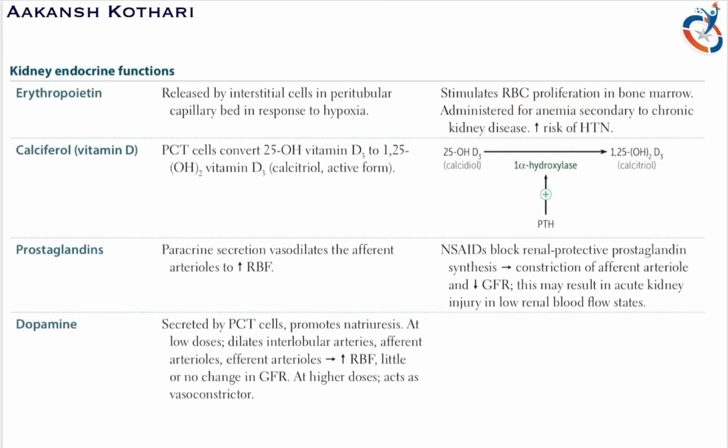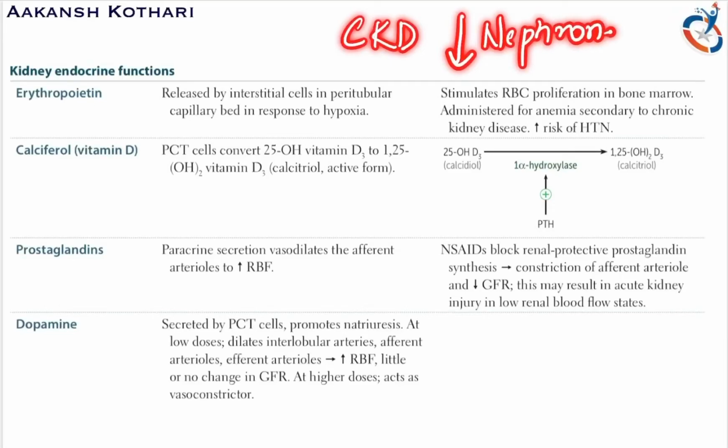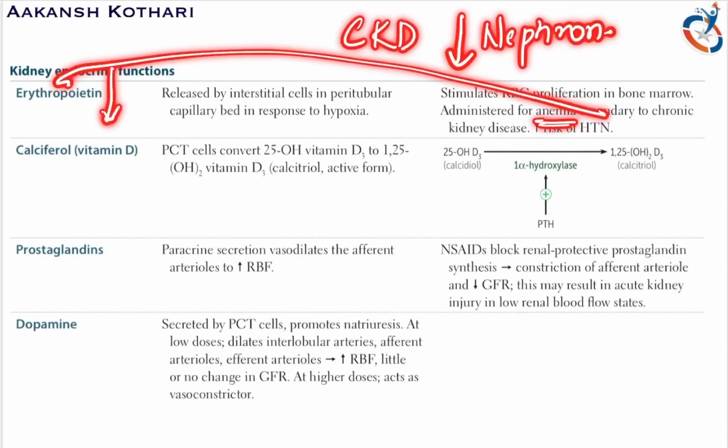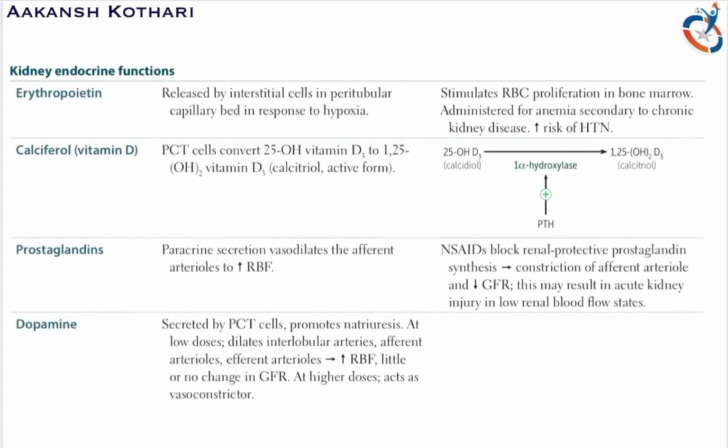It stimulates the proliferation of red blood cells in the bone marrow, and if there is a chronic kidney disease, that means a decrease in the nephron function, it can lead to decrease in the erythropoietin, correct? Now, due to decrease in the erythropoietin, it can lead to something called anemia, primarily normocytic anemia.